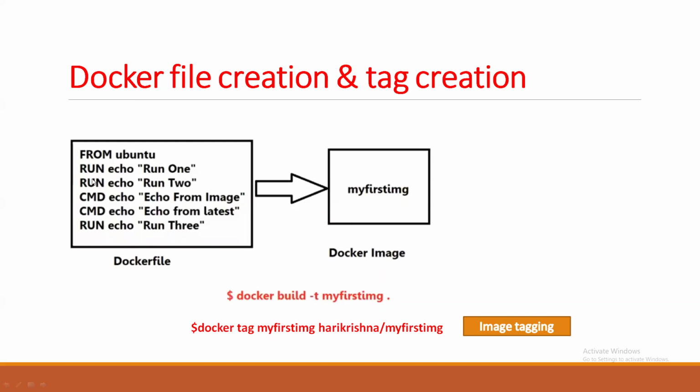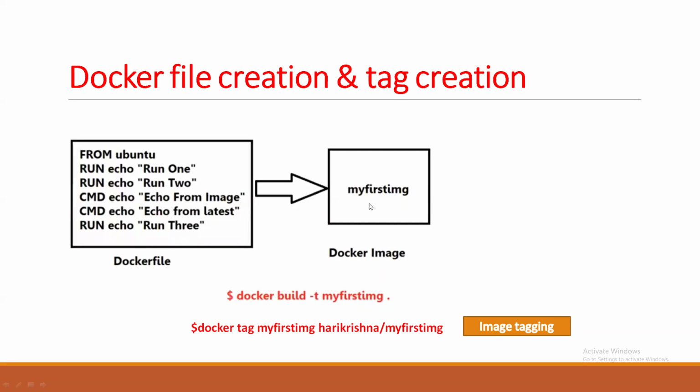From Ubuntu or from CentOS 7, RUN echo run 1, run 2, CMD echo from image, CMD echo from latest, RUN echo from run 3. You don't know yet what FROM, RUN and CMD mean in the Dockerfile, so we'll discuss, guys, no worries.